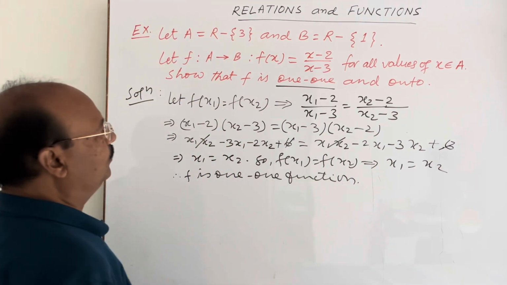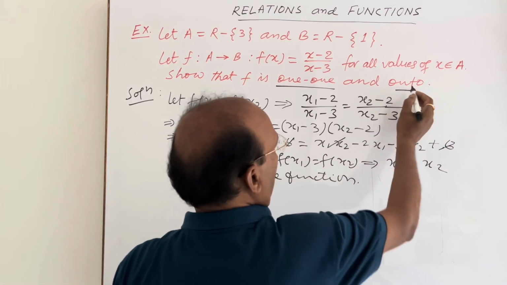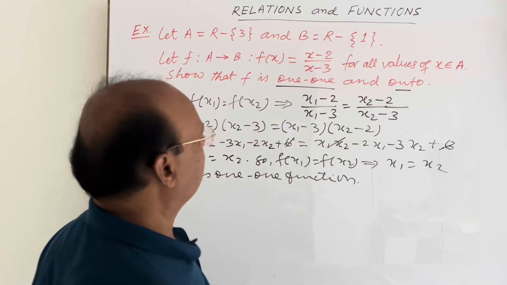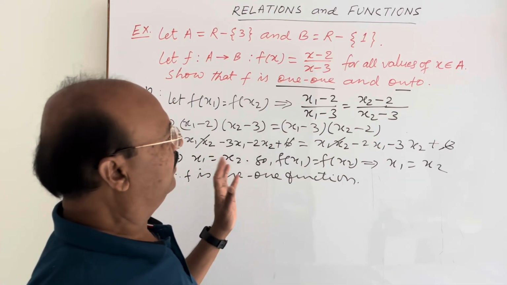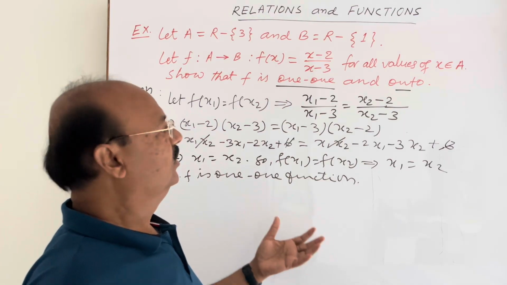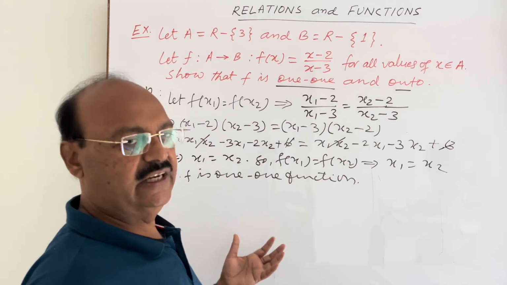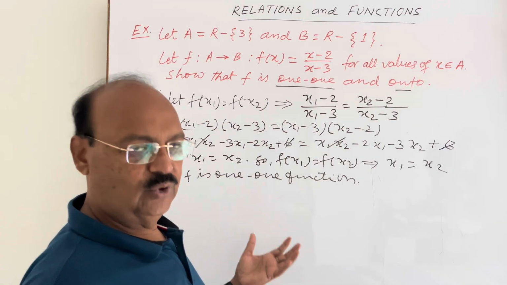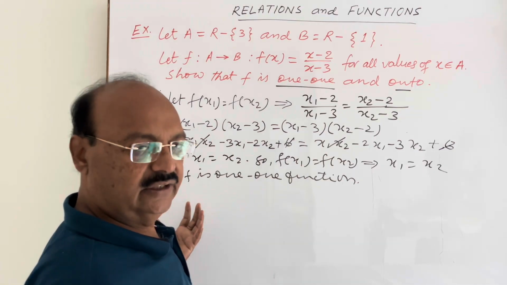Now we have to show that this given function is onto also. For showing that this function is onto, we need to show that for all values of codomain, or you can say range, we are getting a pre-image. For every element of codomain, we are getting a pre-image in the domain.